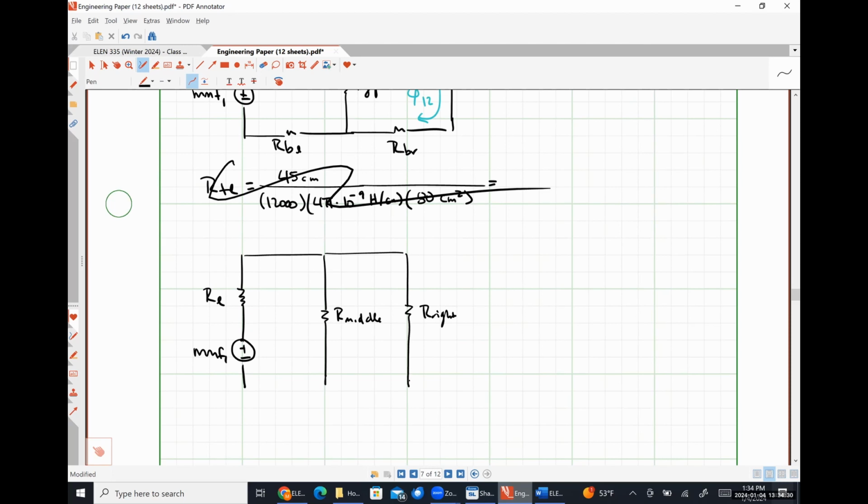And this is R right, right? This is the flux leaving our coil 1. And this is the flux generated by coil 1 passing coil 2.